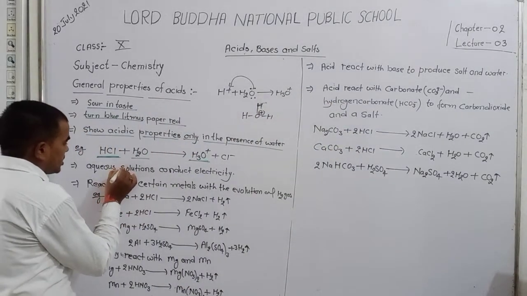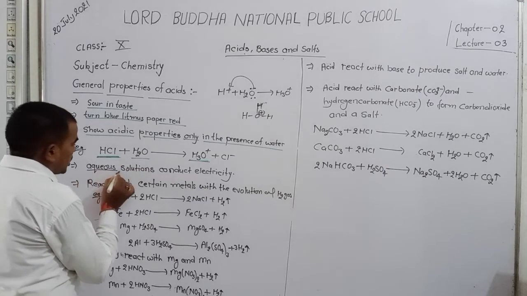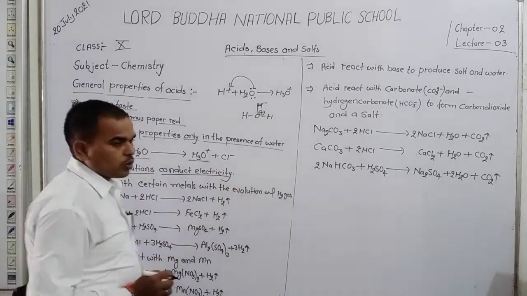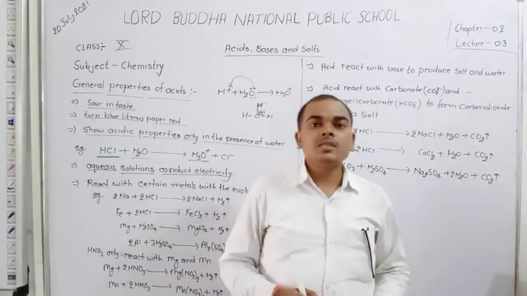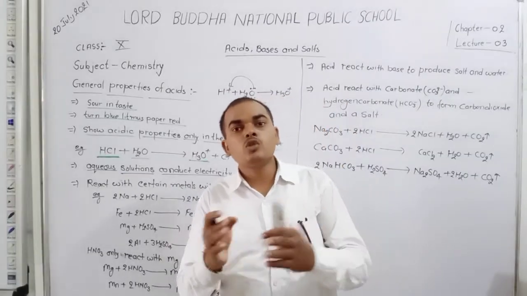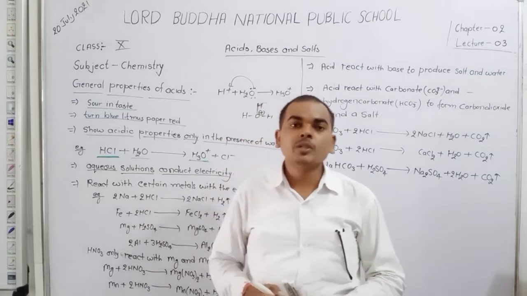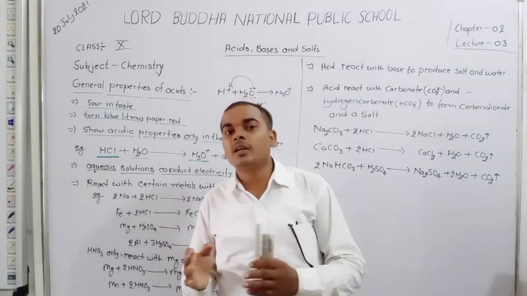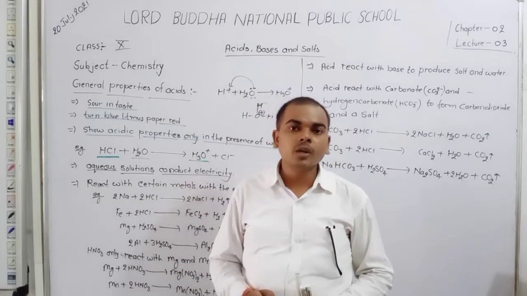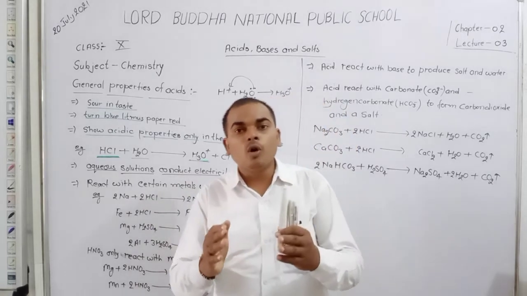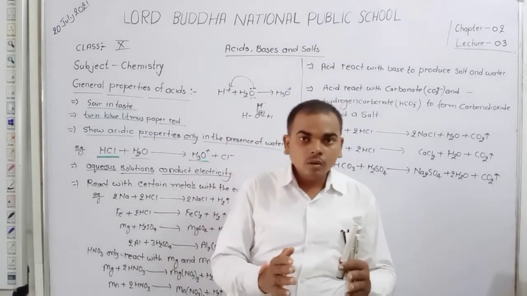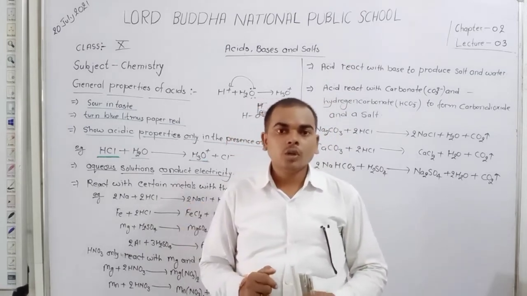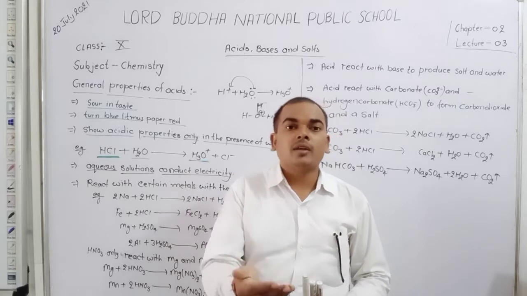The next point is aqueous solution. Aqueous solutions conduct electricity. Dear student, aqueous solution means a water solution of acid. A water solution of acid conducts electricity. How does it conduct electricity? Because when we dissolve acid in water, it produces H plus ion.